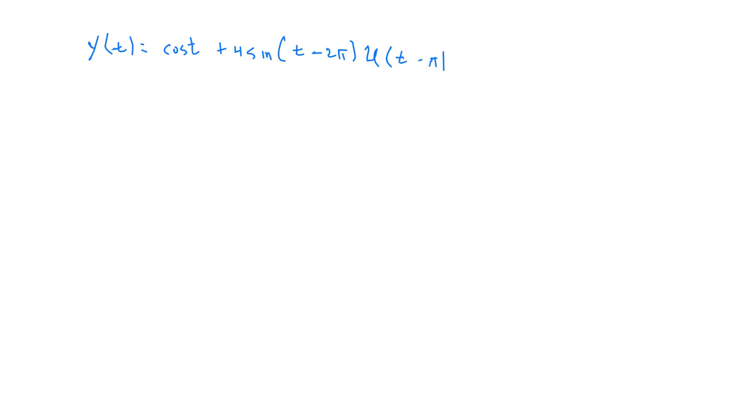Now the unit step function is going to equal 0, just the unit step function, when t is between 0 and pi, and it equals 1 when t is greater than or equal to pi. Okay. Mark, are you good? Are you good with that?